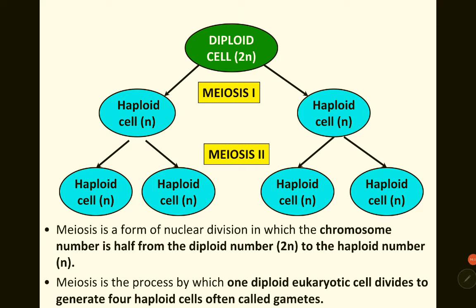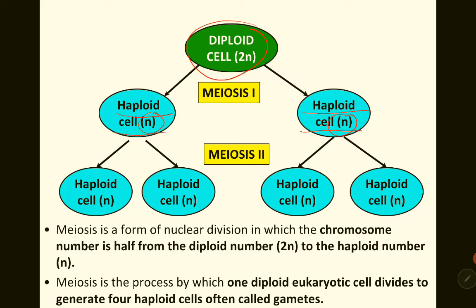For meiosis 1, from the diploid cell, it produces 2 haploid cells, n plus n. After meiosis 1, the daughter cells already have half the chromosome number of the parent cell.